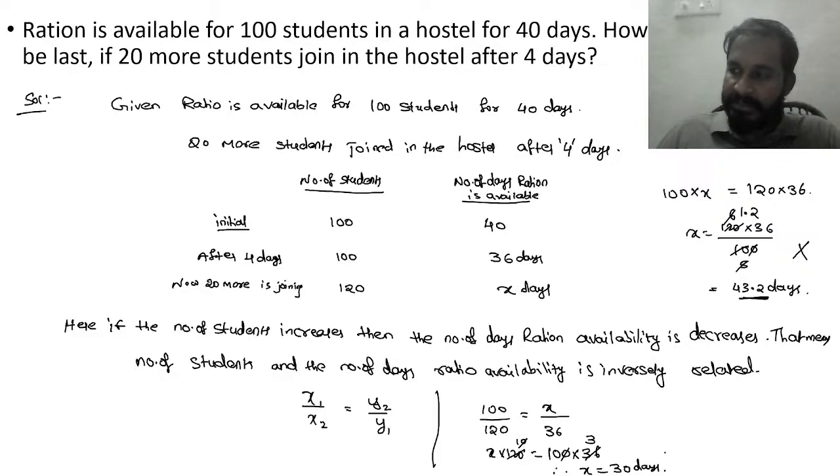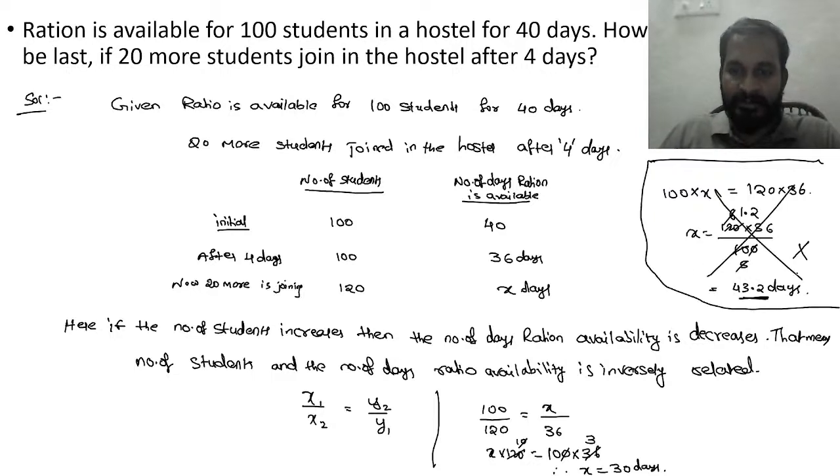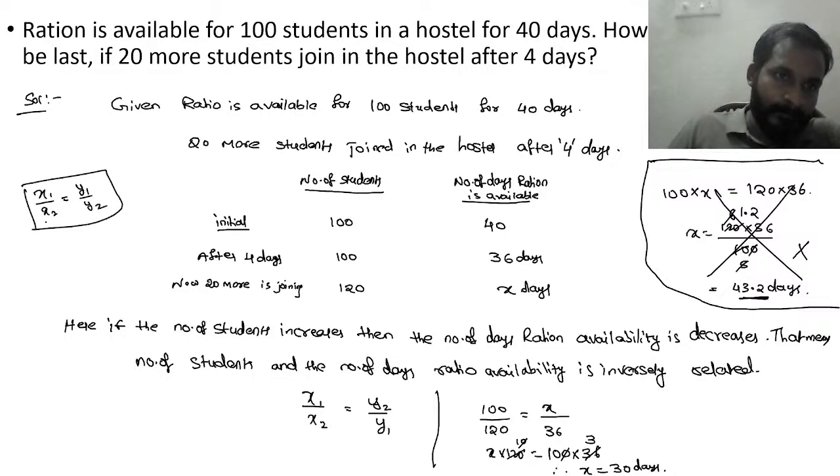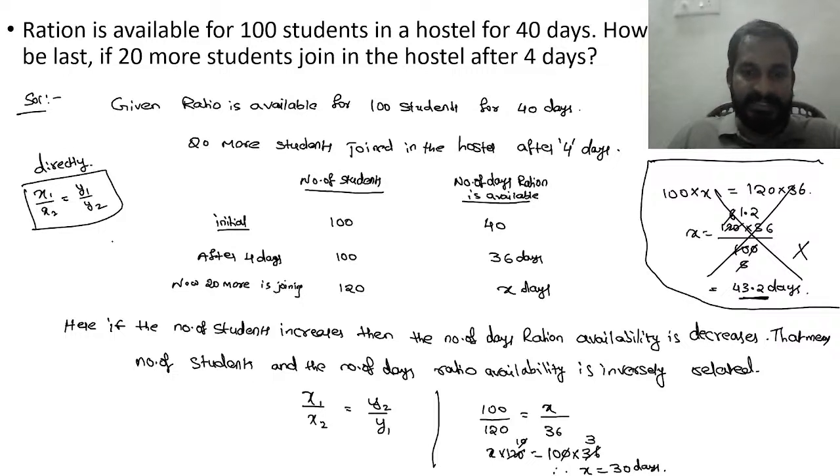This is not required, I have written it for your understanding. This is not at all related to our answer. If two things are inversely related, we write the relation between them in this manner. If two things are directly related, we write the equation in this manner.